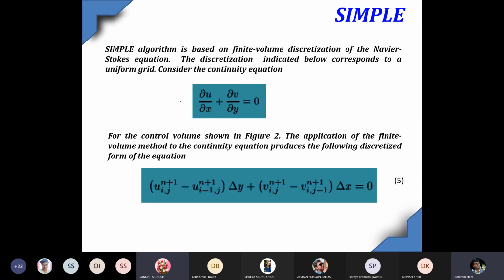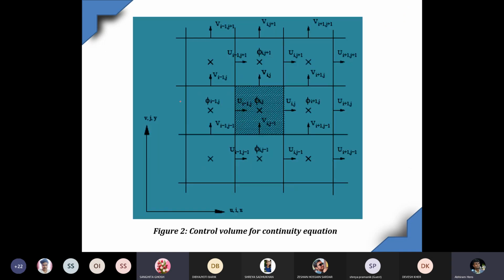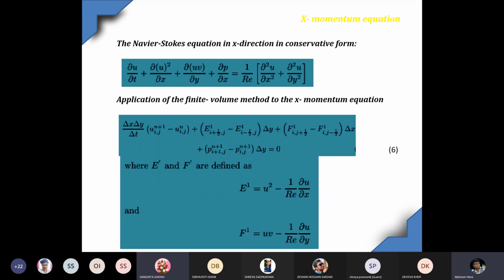I will quickly show you how this SIMPLE algorithm can be posed in the form of a control volume algorithm, because the equations that we showed are basically a finite difference approximation. So again, you can write it here, and this will be the Navier-Stokes equations in discretized form, in this particular format.